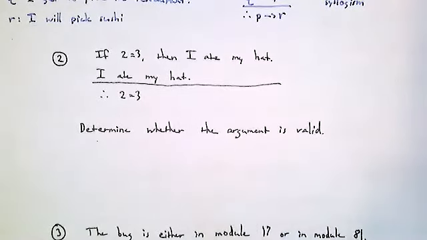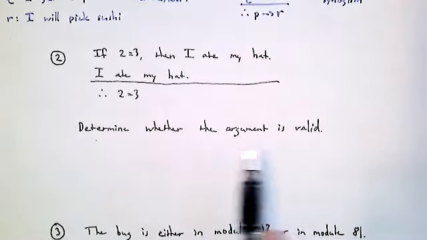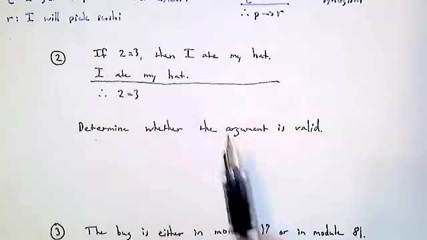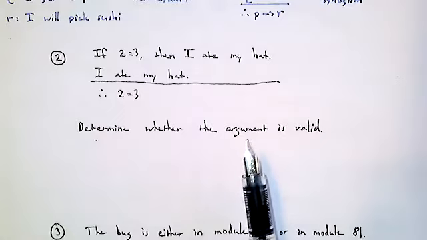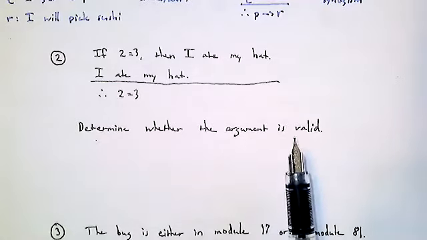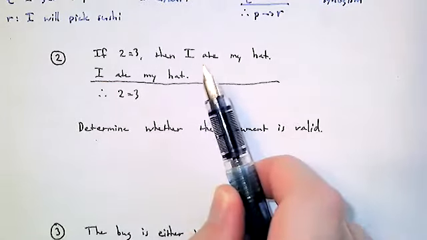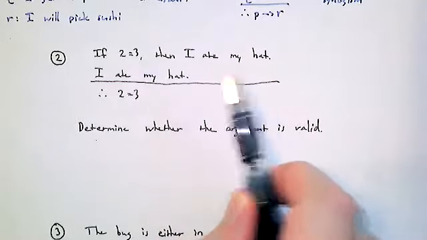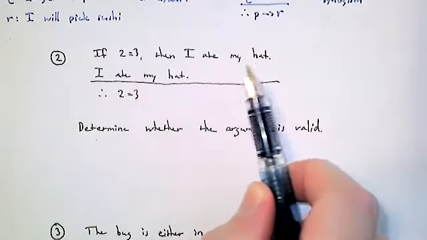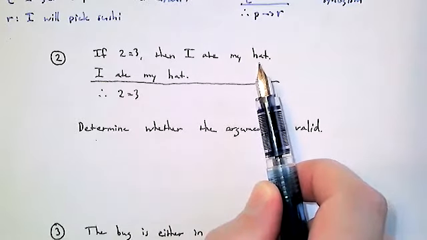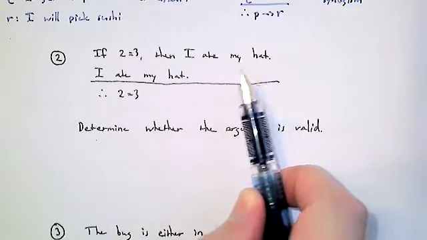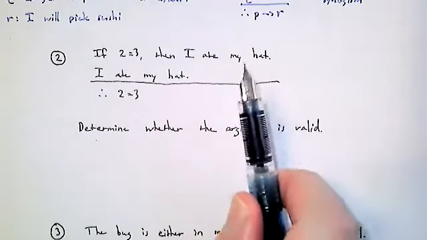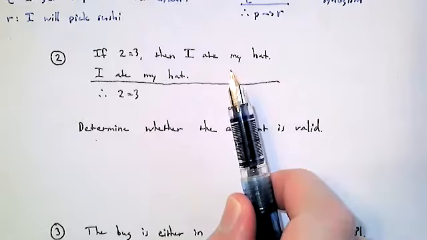So I want to remind you again that valid in arguments means something very different from what valid means in everyday English. If someone made an argument to you that included this phrase or this proposition, I ate my hat, you would immediately think that their argument is ridiculous, and you might even think your argument isn't valid or something like that.